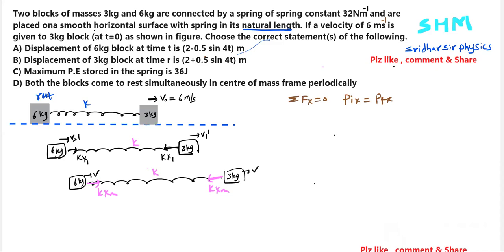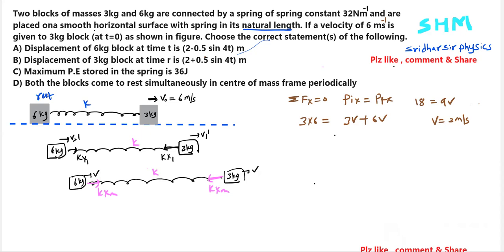So initial momentum is 3 into 6 equal to finally 3v plus 6v. This becomes 18 equal to 9v, v equal to 2 meter per second. This will be the common velocity.